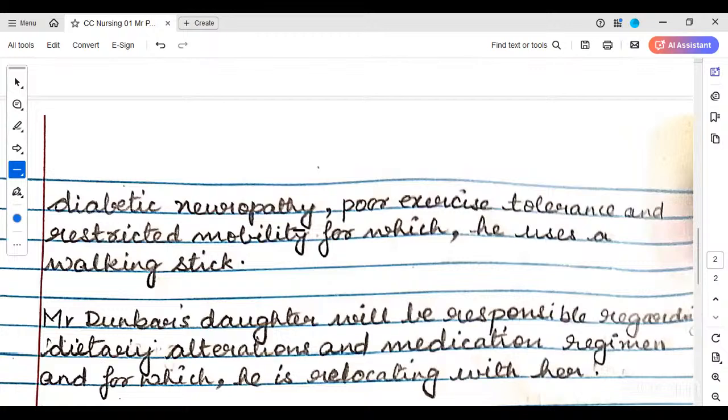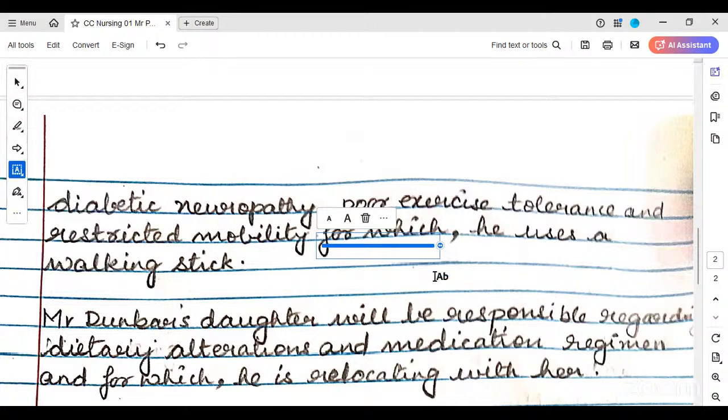Then diabetic neuropathy, poor exercise tolerance, and restricted mobility. You can put a full stop here. Why do you want to prolong it so much? You can just remove this and put a full stop here. Then you can say, currently he mobilizes.